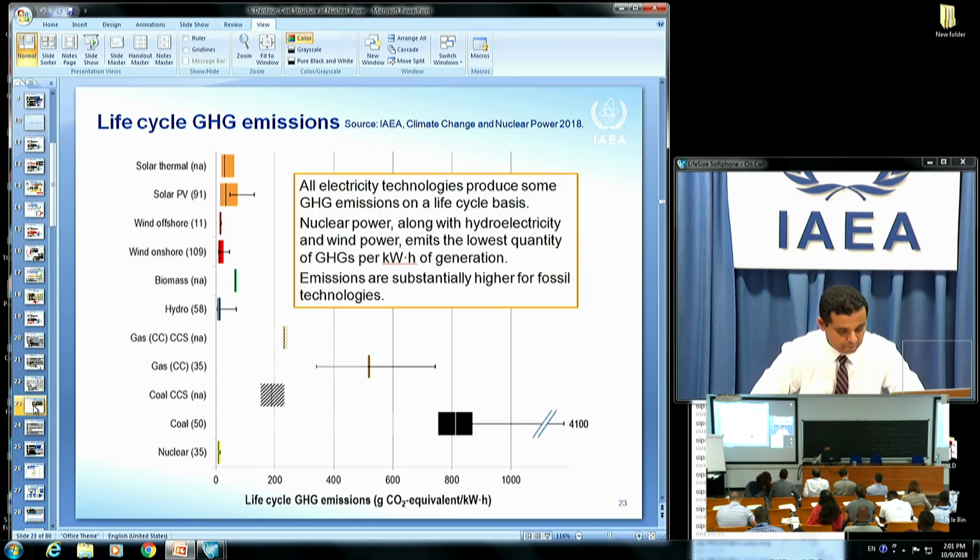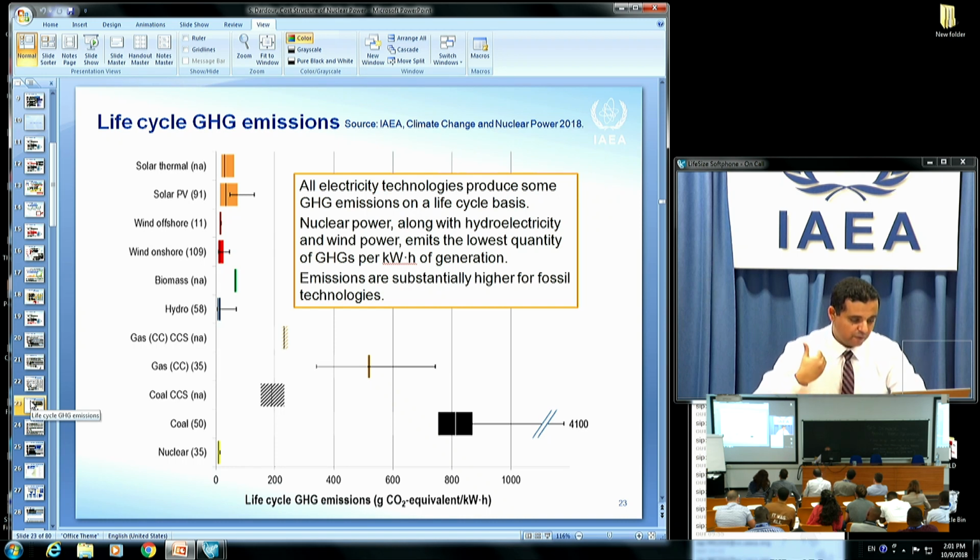In this graph, we have the life cycle emissions associated with each technology for power generation. What we can see at the bottom is that nuclear is one of the lowest CO2 producing technologies on a life cycle basis.